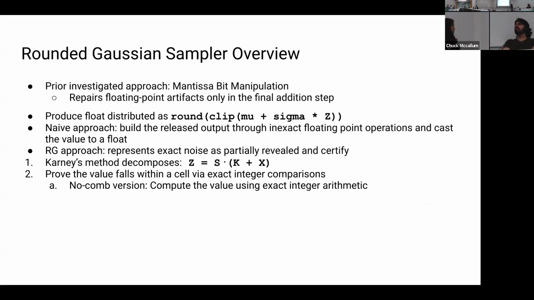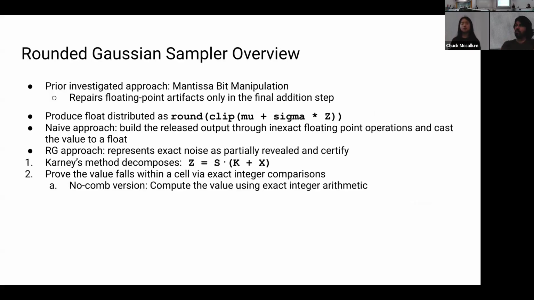For the sampling methods, in the beginning of the summer, for the first presentation that I had, Mike and I were looking at another approach called mantissa bit manipulation. This helps with repairing the mantissa bits for that final release value.